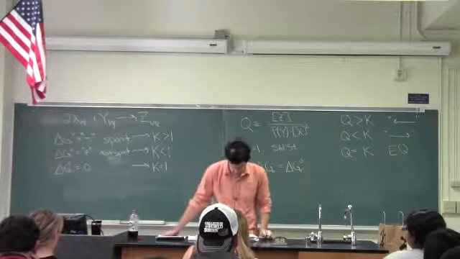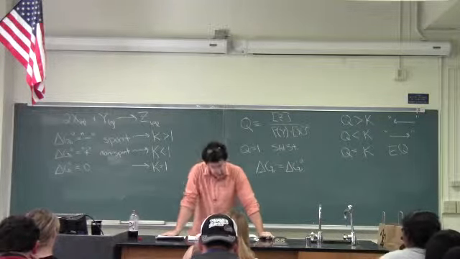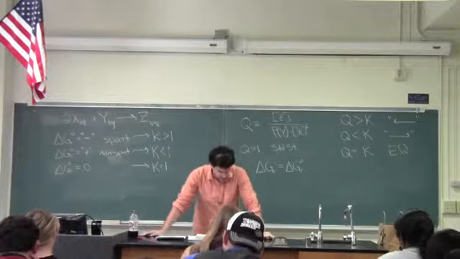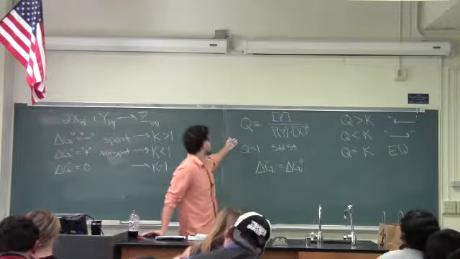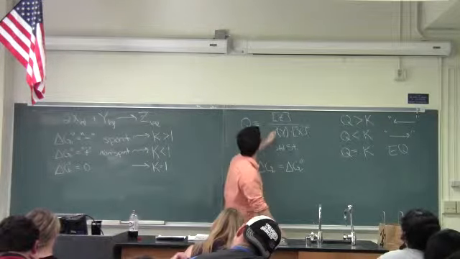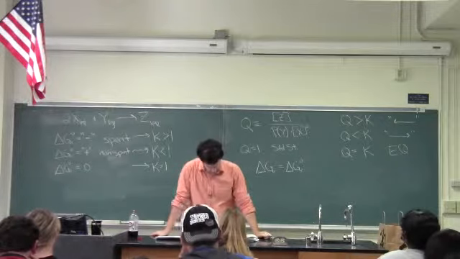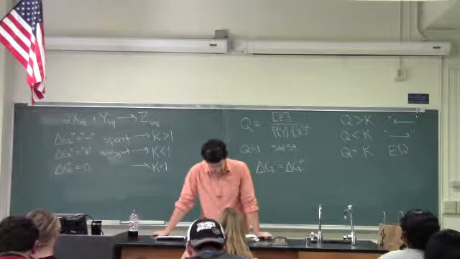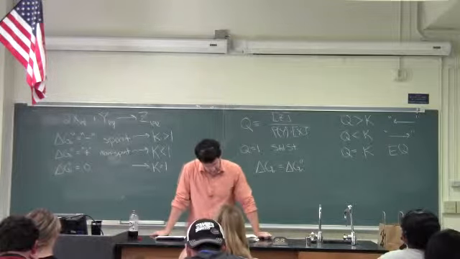Now, suppose each value in Q is an equilibrium value. Now if this is true, Q equals K, takes the same form as K, so if I put equilibrium values in here, Q is going to be equal to K, and the Gibbs free energy for that reaction is equal to 0.